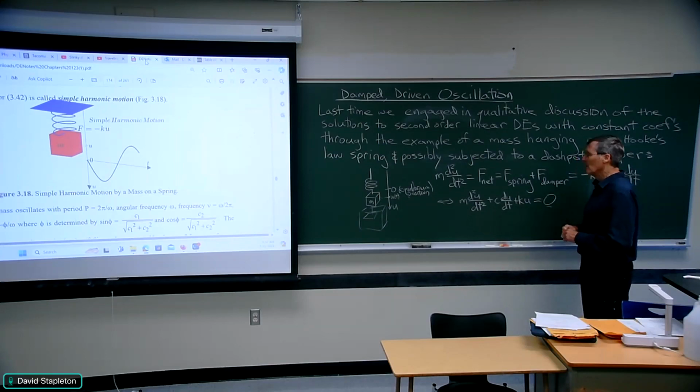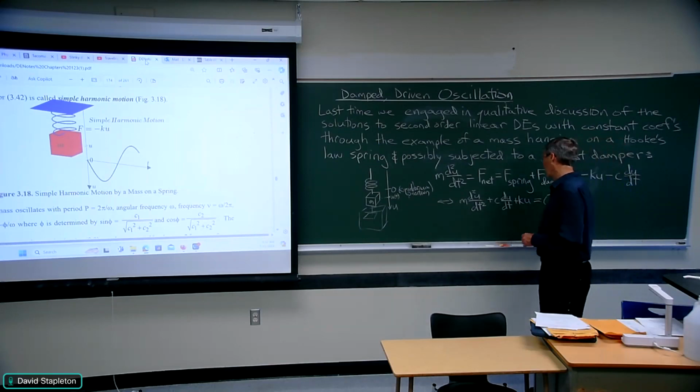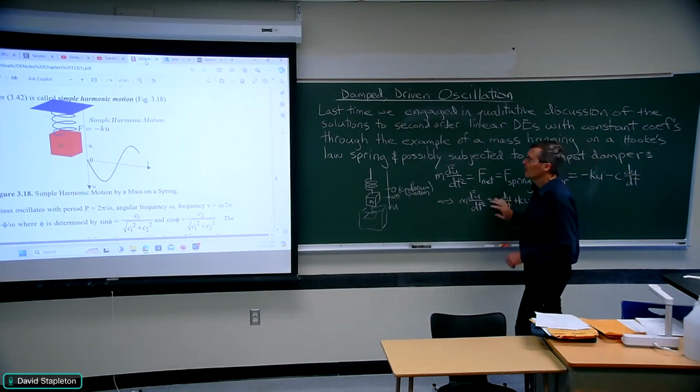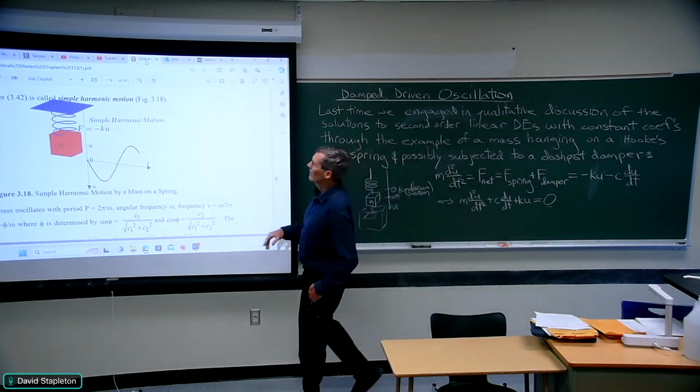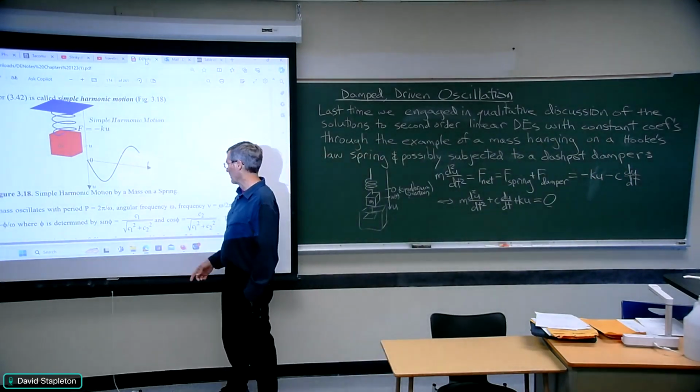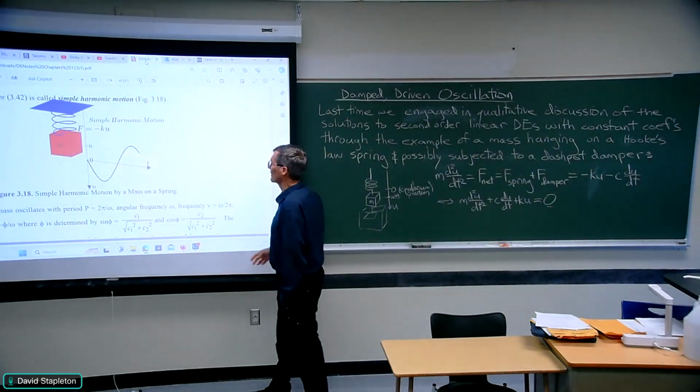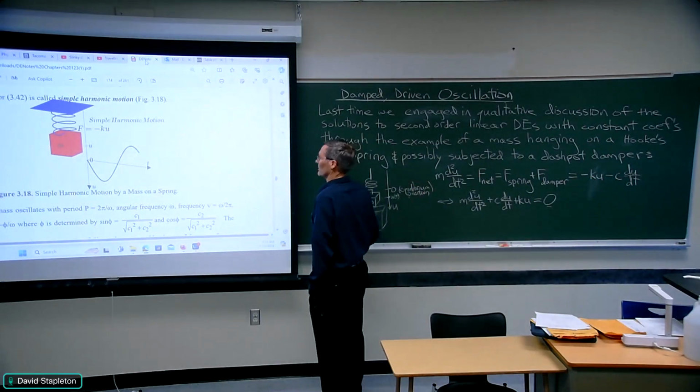And when we did, we found this, because these things are positive, we get the following kind of characteristics. If there is no damping, if you just have the mass on the spring by itself, you get this equation. And here it is up here, just the mass without a damper. And you get two pure imaginary solutions.